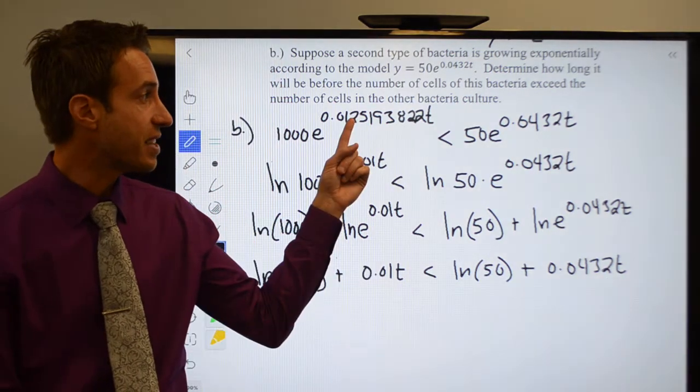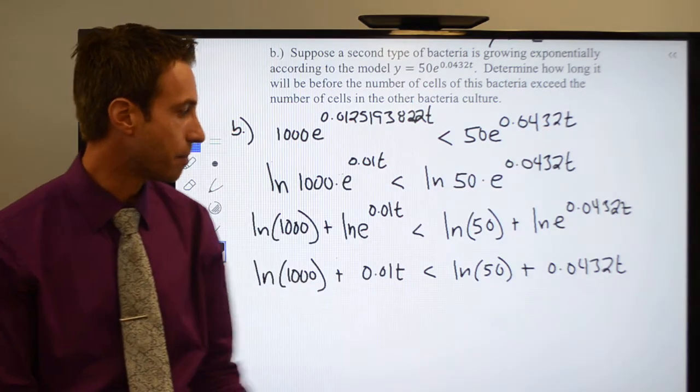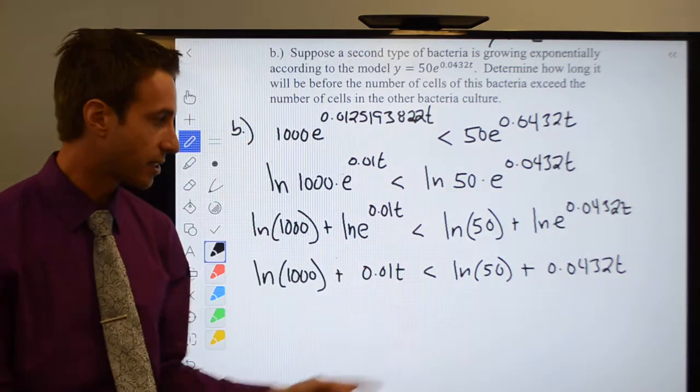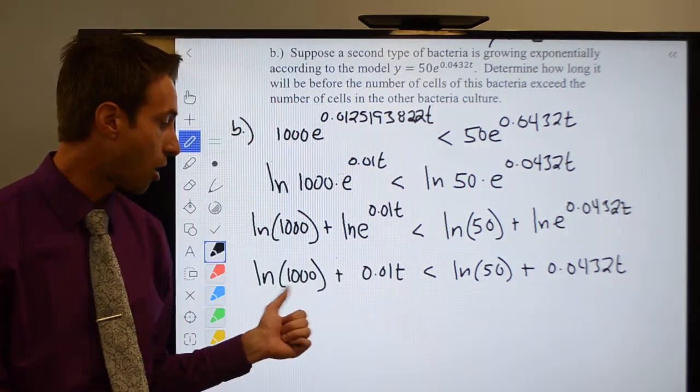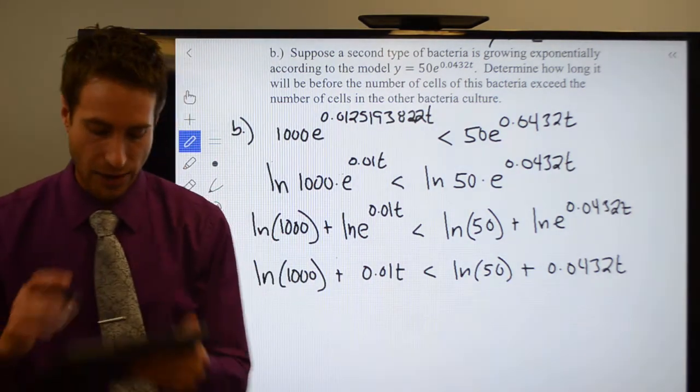Please notice that this number is smaller than this number. So I'm going to subtract this t to this side, plus ln of 50 is smaller than the ln of 1,000. So I'll subtract the ln of 50 to this side, right? So here we go.